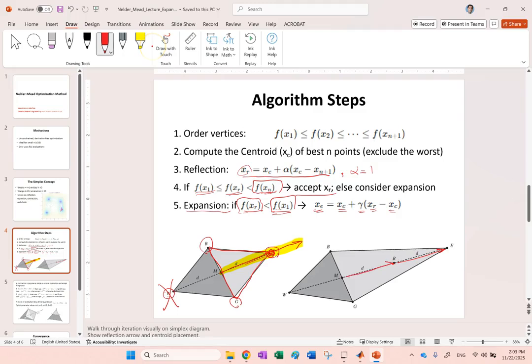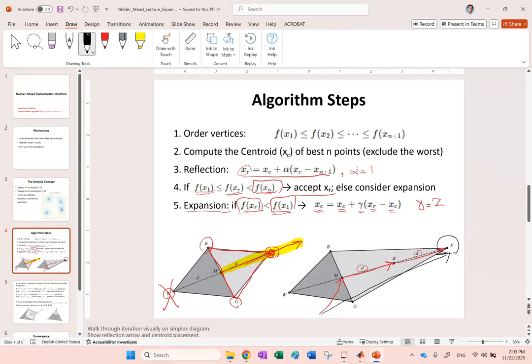This vector. I multiply that by, again, gamma. Many times this gamma is considered like 2. So you see, if there was a d, I add another d, and then I add it to the centroid, and that is going to give me this new point here, which is called the expansion point.